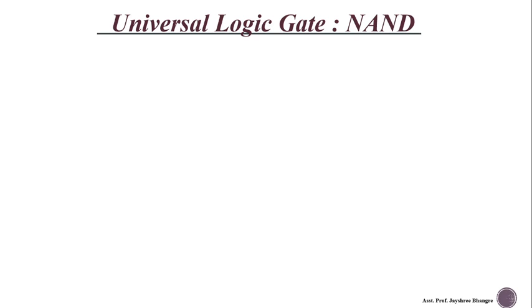Now the universal gates, that is the NAND gate and the other gate is the NOR gate. Why are these gates called universal gates? Because it is possible to construct any logical circuit or any logical gate using the NAND or NOR gate only. That's why they are called universal gates.